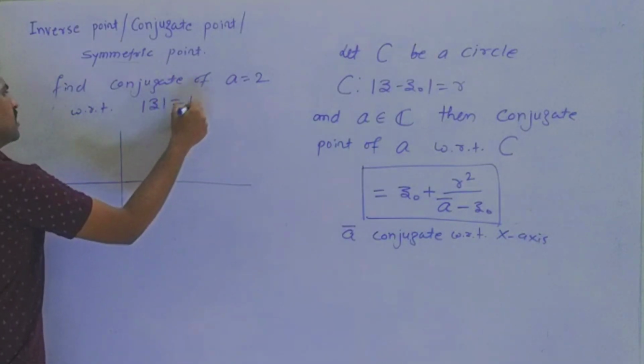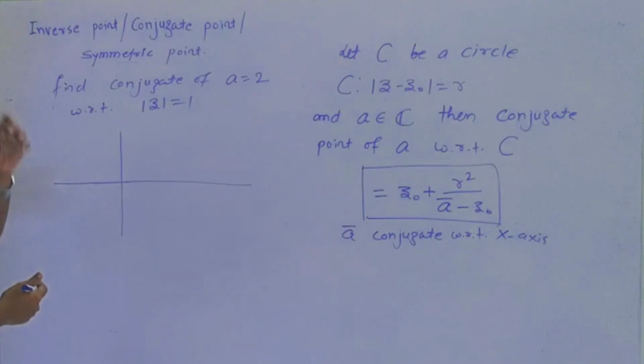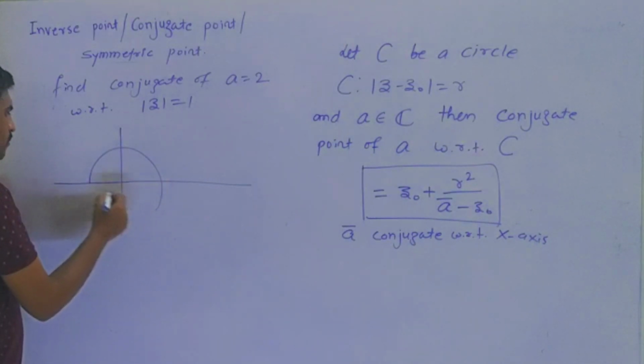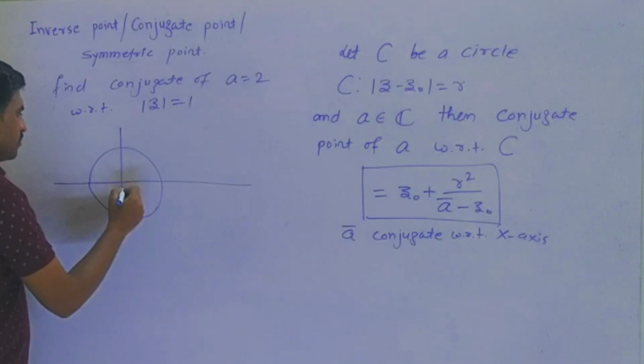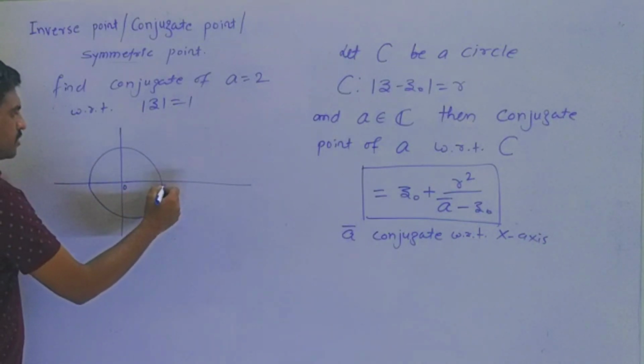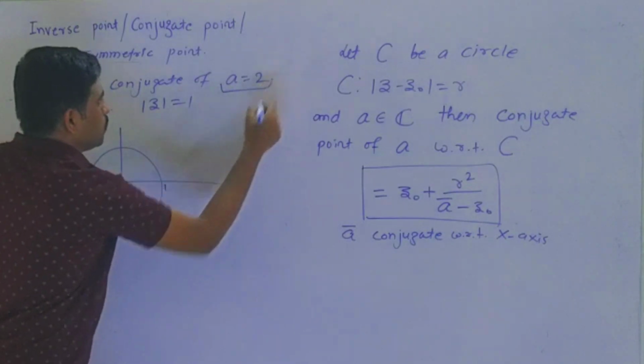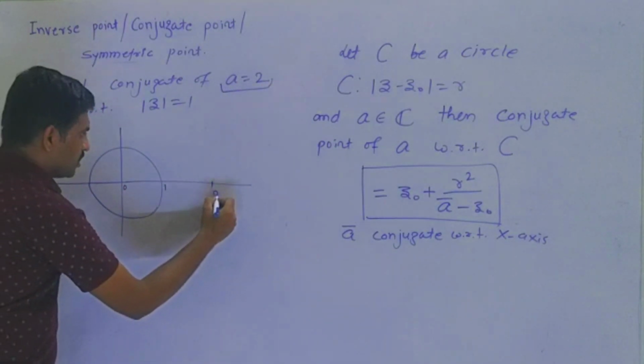I take the unit circle here, simple to understand the concept, |z| equals 1. This is a circle having radius 1, so this is 0, this is radius 1, and we have to find the conjugate of 2, and 2 is obviously here.